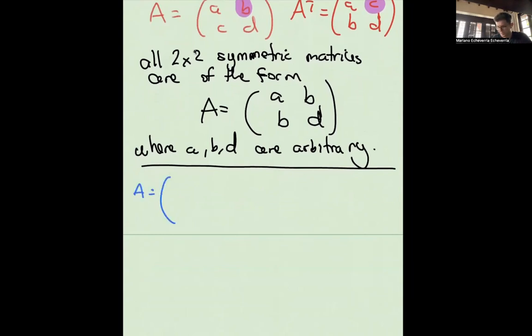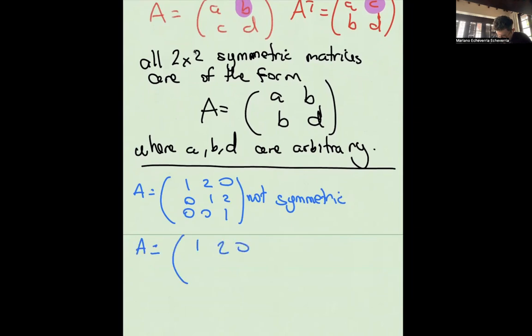But you could still do similar things. For example, something like this one is not symmetric, right? But something like 1, 2, 0, if I'm correct, this one should be fine.